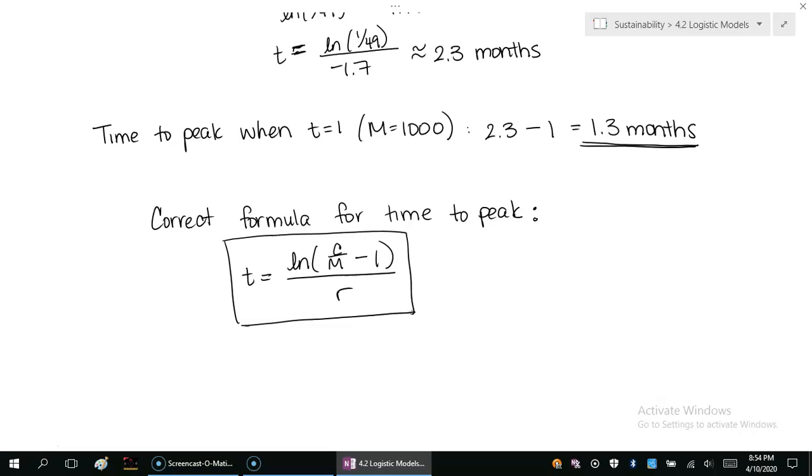Because if you know when it's going to peak and you know what it's going to peak at, then you know what your capacity in the hospitals has to be. So this is not just an intellectual exercise right now. This has real-world impacts that people are working really hard to get a good logistic model so that they can make a good prediction. And hopefully they're using the correct formula for the time to peak. I'm sure they are. Okay, so there's the correct answer.